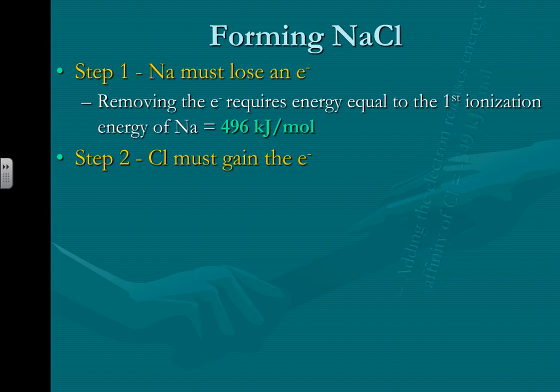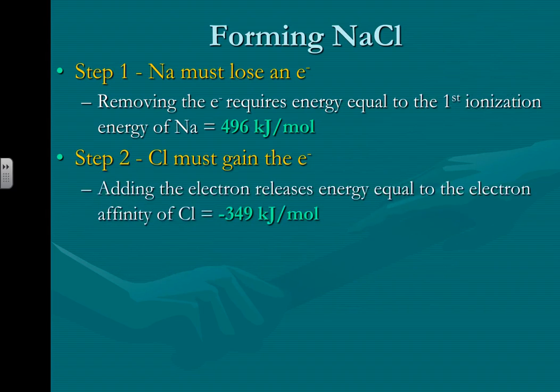For the chlorine, to gain the electron, adding the electron will release energy. That's actually a pretty favorable thing, because we would then be releasing energy, which puts the chlorine at a lower energy state. That will release 349 kilojoules per mole of energy, and that's a negative value, releasing the energy out.